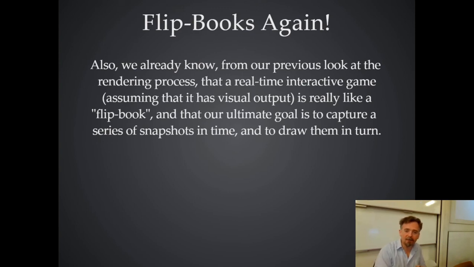So as I've already mentioned, when you're making a game, you're kind of making a flick book that you're drawing as it's being played. Previously I spoke about the visual aspect of it. You draw a picture and then you do the swaps during the V-blank. But the other thing is, how do you draw the picture though? How do you compute the nature of the scene before you draw it?